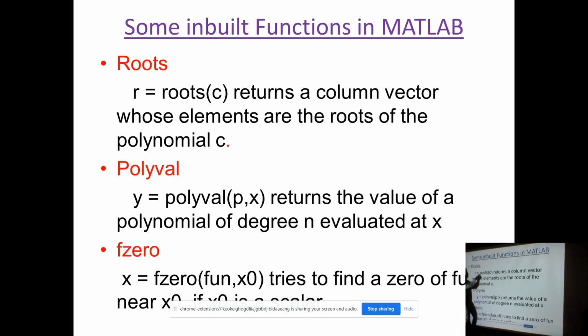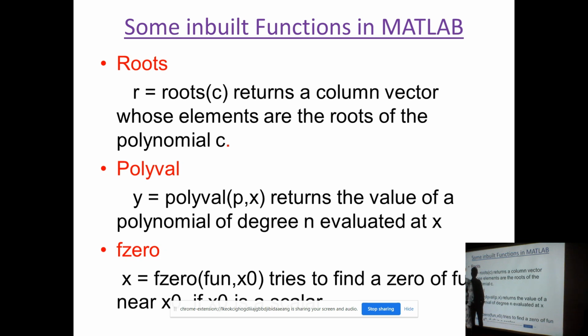ROOTS. So roots of the variable returns a column vector whose elements are the roots of the polynomial. Say for example, if a polynomial function is given to you, how to find the roots? So this roots function will give you directly the roots in a column vector fashion. Usually what we do, for example, it's a simple second order equation. Let us say ax square plus bx plus c equal to 0.